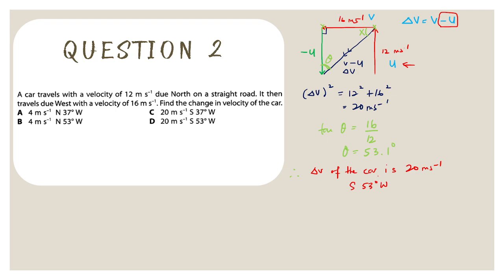This is because we are using an angle that is not measured from the horizontal, and we have the directions west and south, so we can use south 53 west.